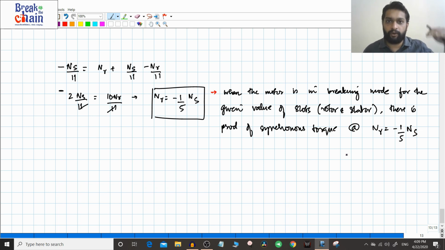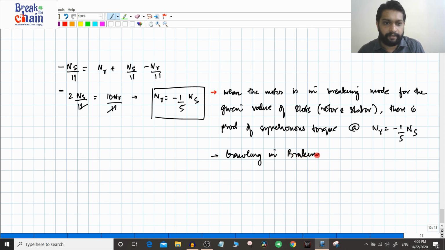So when the motor is slowing, there will be a point at minus 1 by 5 ns where the motor will get a stable point of operation, and this happens in the braking mode. This is called crawling in the braking mode. We have already seen crawling in the braking mode due to asynchronous torque. This is crawling in the braking mode due to synchronous torques.